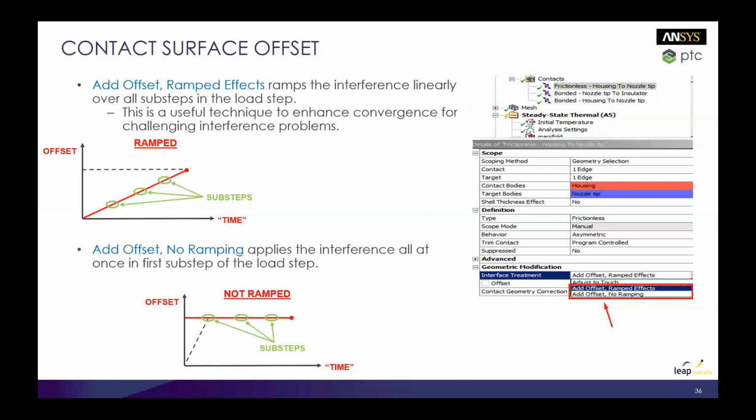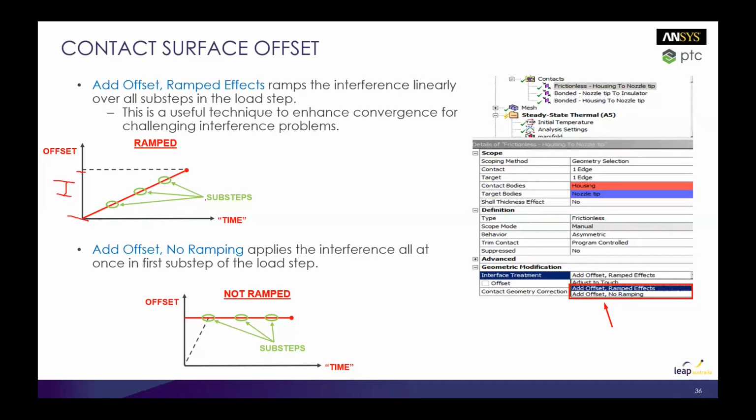The offset value is 0, and here you can do it either with ramped effects or no ramping. Think of this as our interference. We're basically ramping the interference out with substeps. The reason we do that is because there'll be forces generated because of the interference.